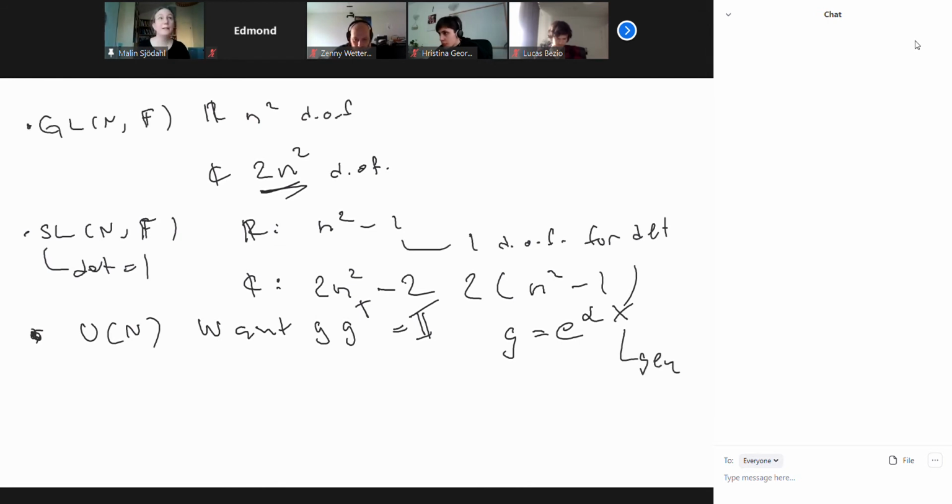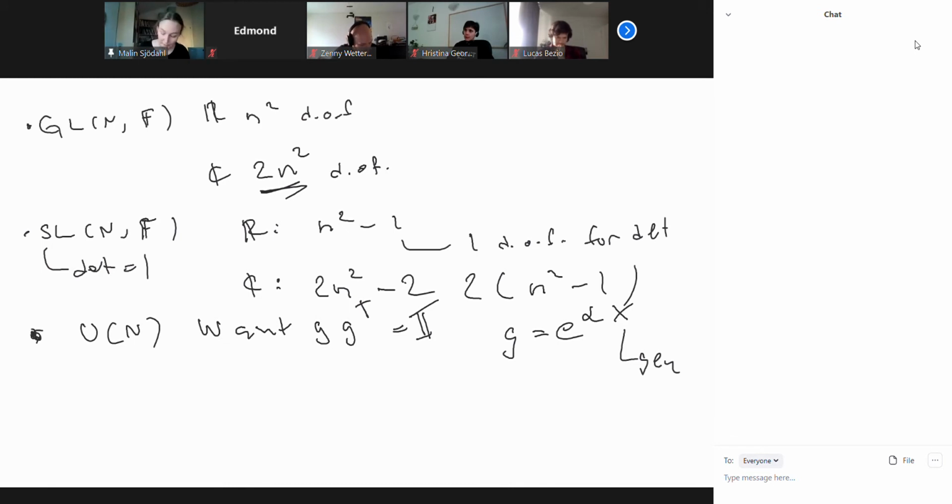So I'm here taking the easiest way out, and I'm using the mathematician's convention, and I'm not inserting an i in the exponent as physicists would normally do. We could solve the problem in exactly the same way with an i. We would then obtain Hermitian generators instead of what we will now obtain.